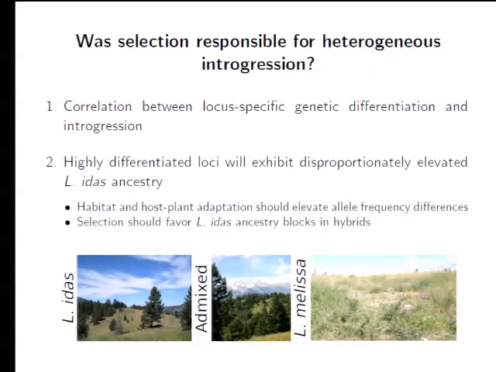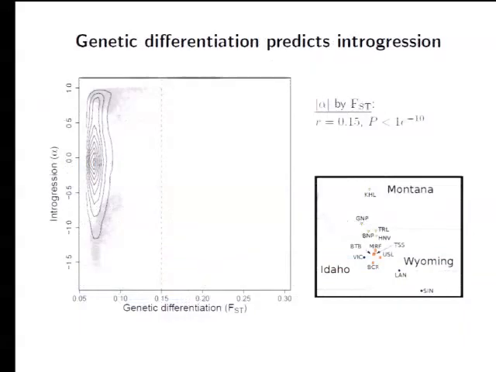So if the selection that's happening is specifically tied to habitat or host plant, then we would expect that for the things that are most differentiated between melissa and idas, in other words, those things that are potentially responsible for adaptation to local host plant or habitat, we would expect those things to show excess Lycaeides idas ancestry in the hybrids. Right? The same alleles that are adaptive in idas should be adaptive in the hybrids. We specifically expect not just an exceptional pattern of integration, but in a specific direction, with Lycaeides idas alleles being favored. Let's see what we see.